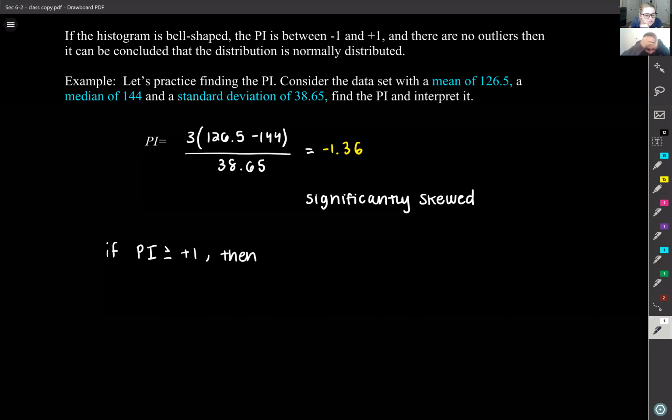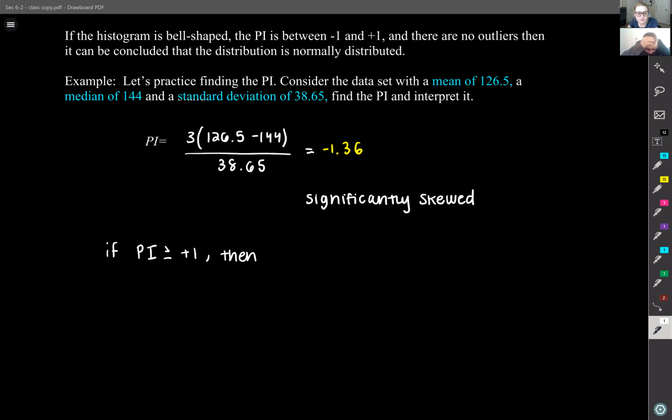Okay, so actually, you probably won't be required to know this, but I'm going to write it down anyway. I probably would never ask you on a test, but I'll write it down just for the sake of knowing it. So then it's skewed right.